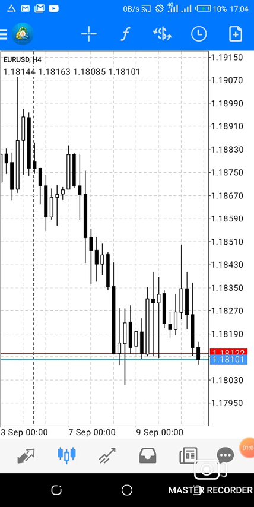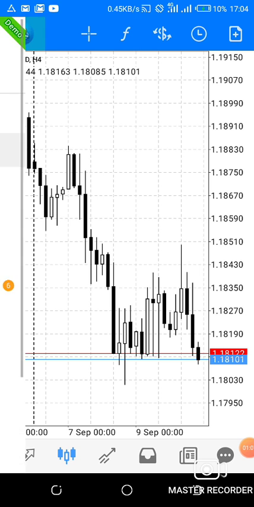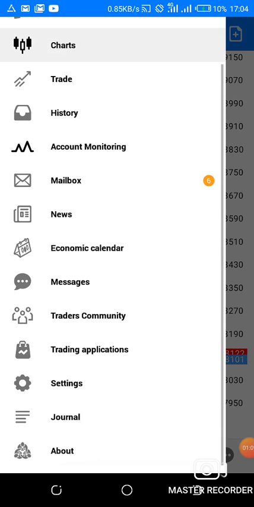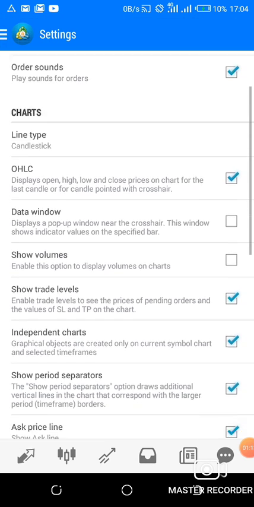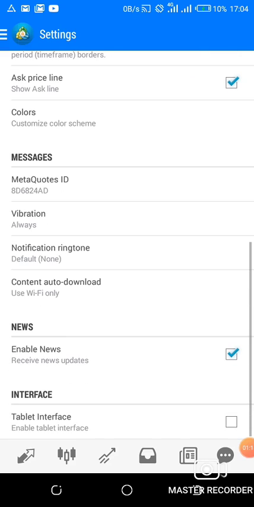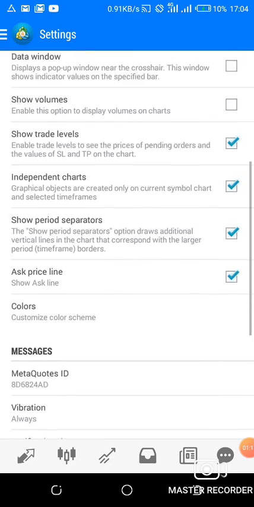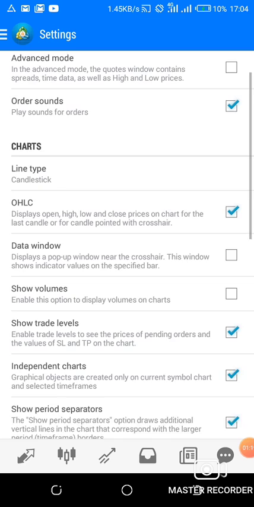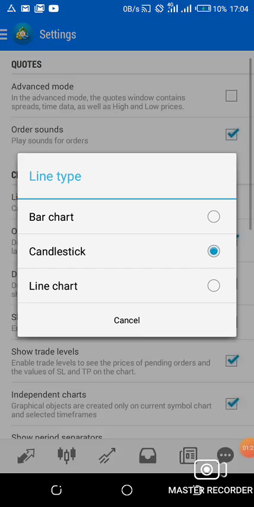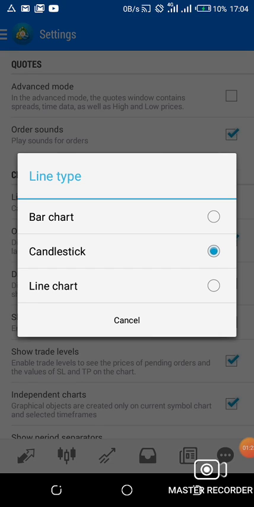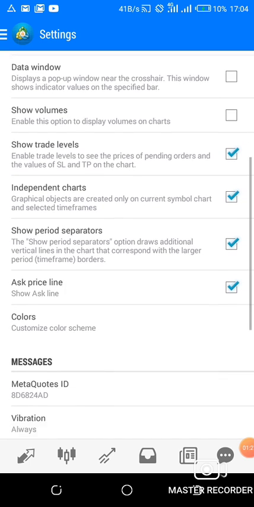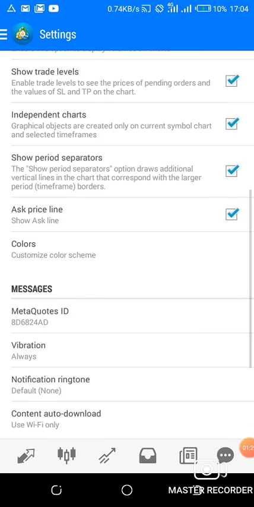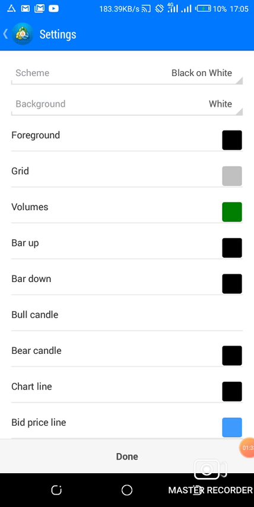If you feel like changing the color to your own, you can just come to this three dots area, come to settings, and move down here. Let me pick color customize.